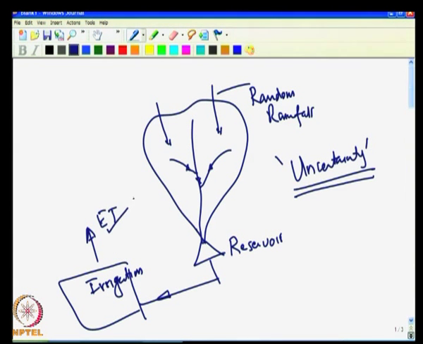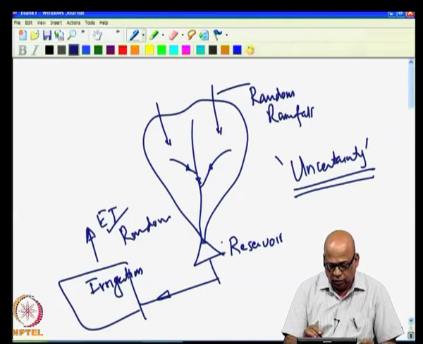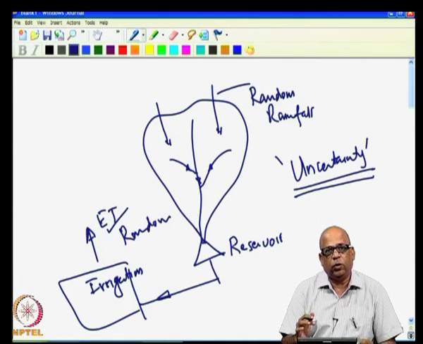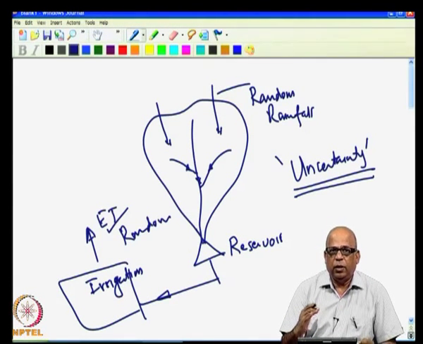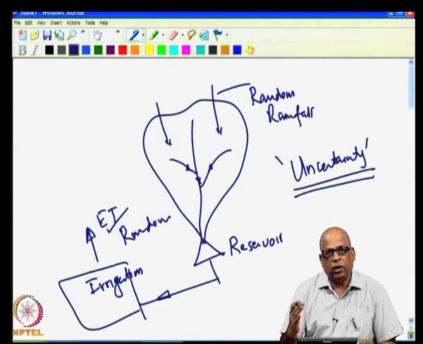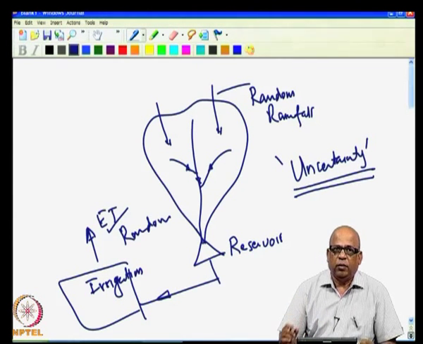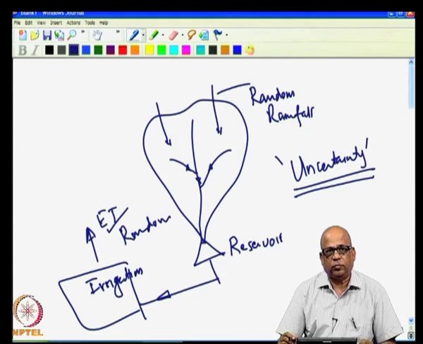So, the evapotranspiration becomes random, and evapotranspiration determines the demand that has to be met from the reservoir from time period to time period. So, most of the hydrologic variables that we deal with in water resource systems are burdened with uncertainties, and the first level of uncertainty that we talk about is the uncertainty associated with randomness of the hydrologic variables.